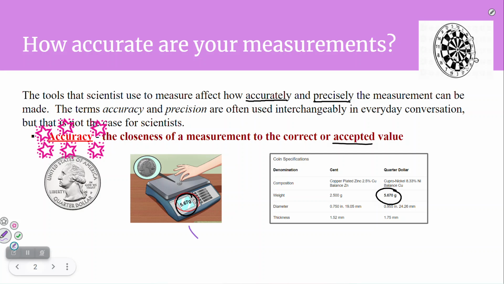Taking these two and comparing them, we can say that this scale, or this measuring tool, is accurate in reporting the mass of the quarter, because the reported mass matches what the US Mint says that quarter should weigh. Make sense? So accuracy is the closeness of a measurement to the correct or accepted value. Okay, now let's move on to precision.